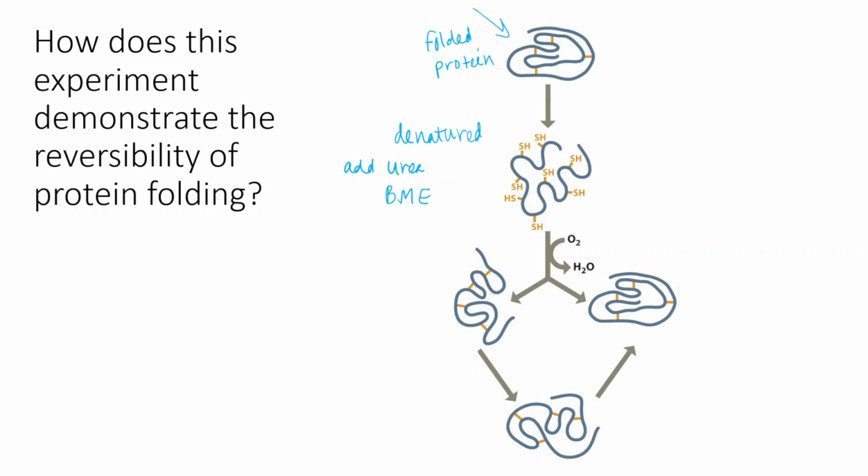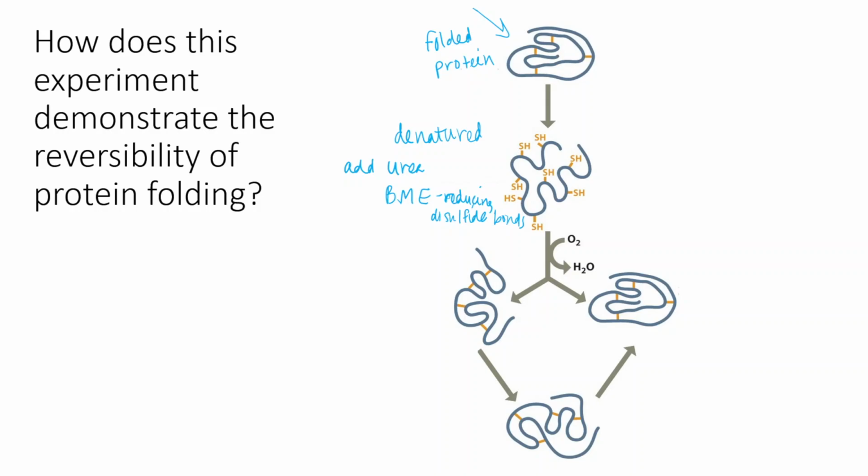So let's get more specific. What is the BME doing to the protein? Yep, BME is reducing disulfide bonds. And we see that illustrated in this picture because all those yellow disulfide bonds are now thiol groups just hanging out.